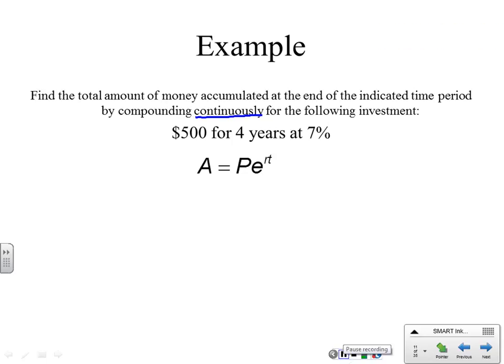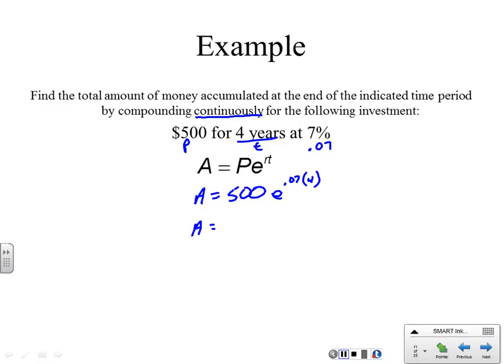So we have P is your 500. 4 years, that's going to be T. 7% as a decimal is 0.07. So we have A is equal to your principal, 500, times E raised to the rate, which is 0.07, times T, which is 4. So again, this time when you put this in your calculator, depends on your calculator.